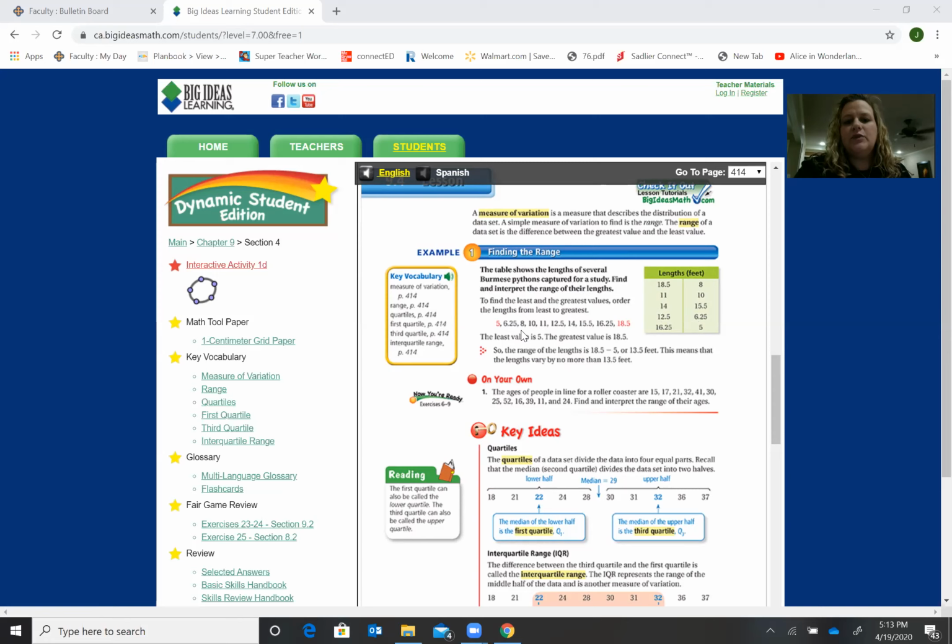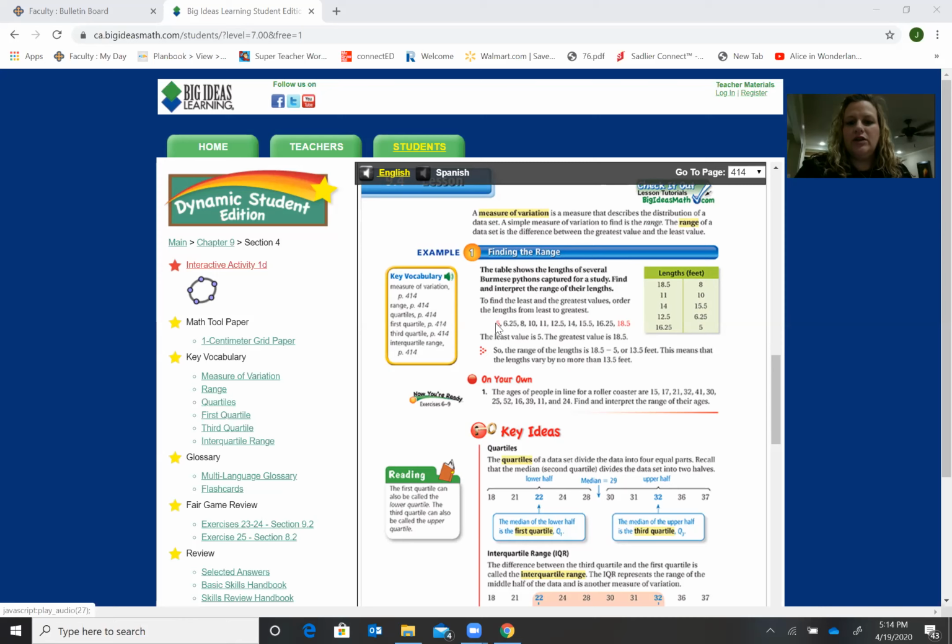So as we did last week, whenever we were looking for median and mode, we put these in order from least to greatest. And you can see that the least length was 5, and the greatest was 18.5.